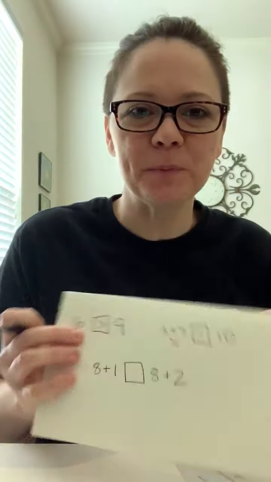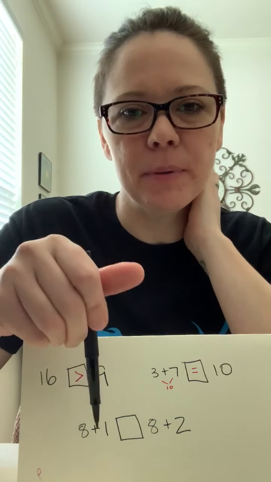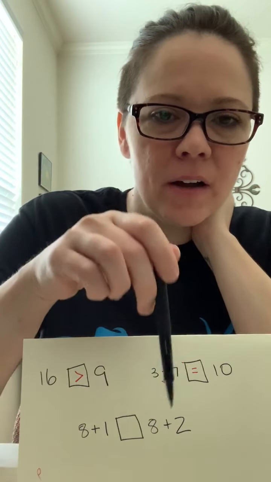Okay, let's go to the next one. This one's a little more difficult. Are you writing these down and doing it with me? Hope so. Okay, this next one is 8 plus 1 on that side.